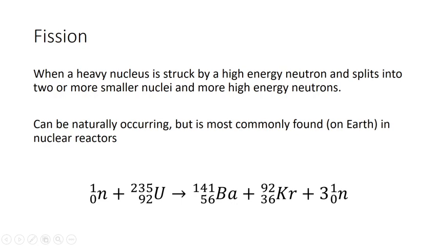And this is how a chain reaction happens: for every one atom you hit and split, more neutrons are formed to go out and collide with other atoms and continue that splitting. This can be naturally occurring, but it's most commonly found on Earth anyway in nuclear reactors, and we'll talk about nuclear reactors a little later.